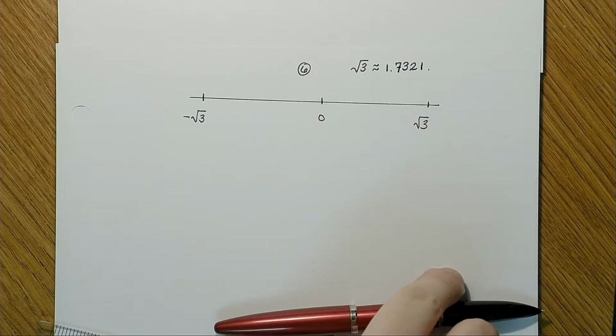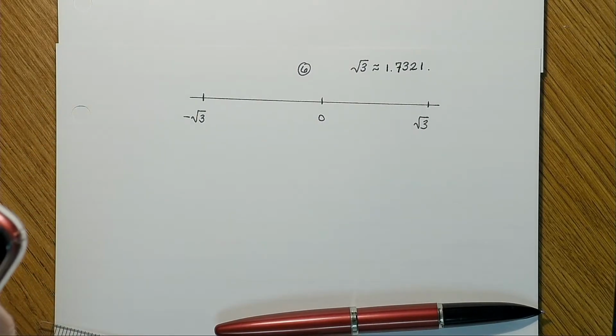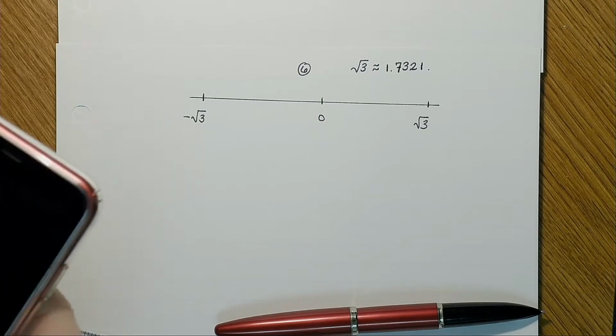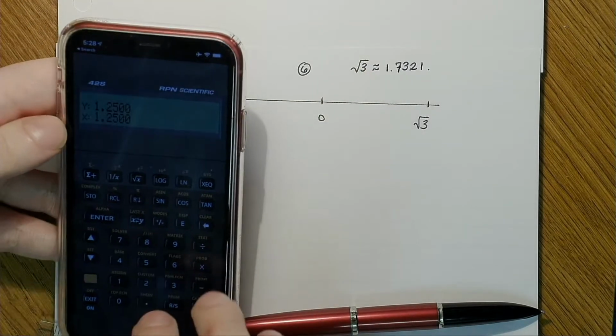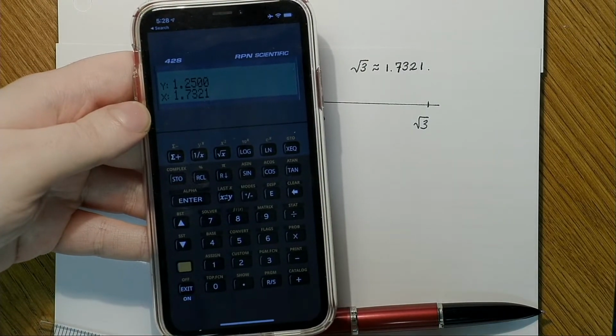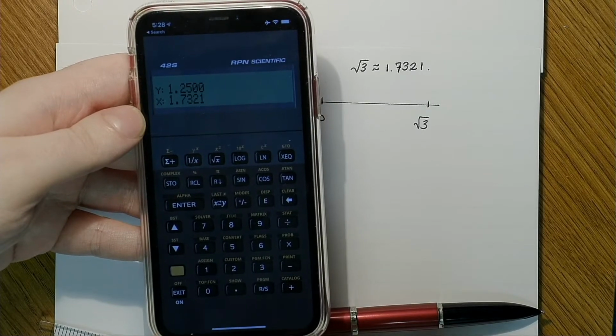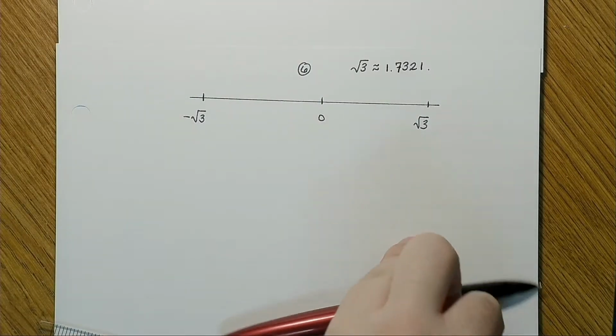Let me check on my calculator: 3 and the square root, 1.7321. Oh good, it matches. Excellent.